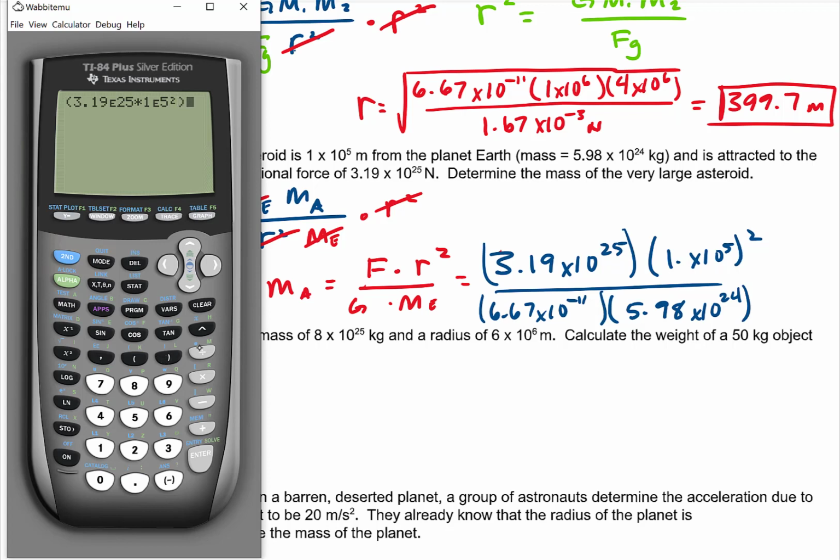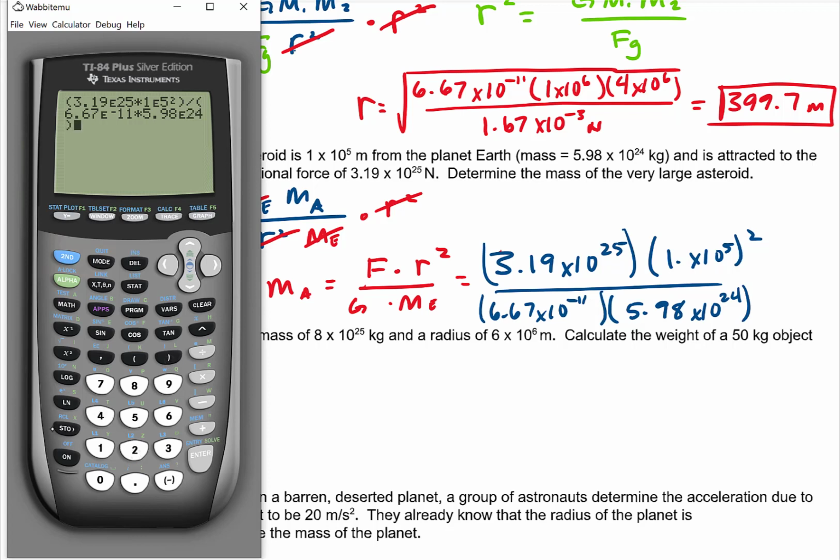That's the top, divided by the bottom, 6.67 second E negative 11. And then it's on the bottom still. We're still leaving it in the parentheses times 5.98 second E 24.